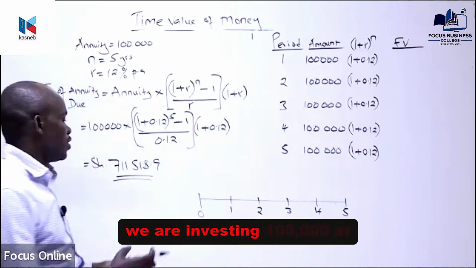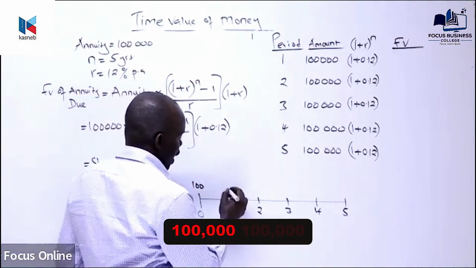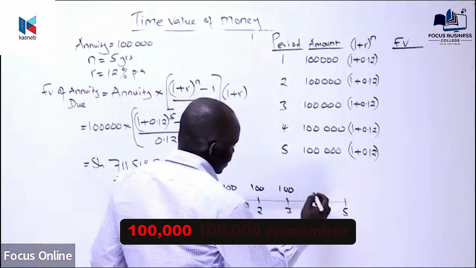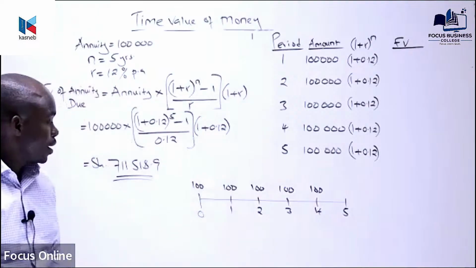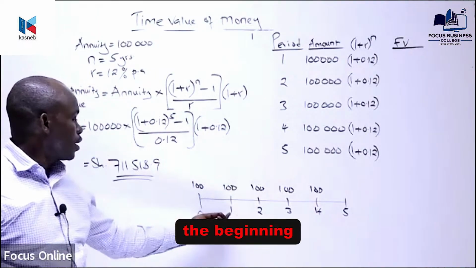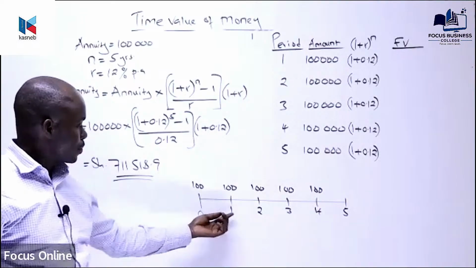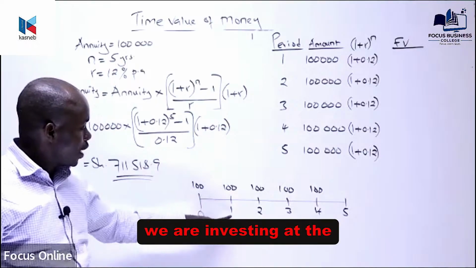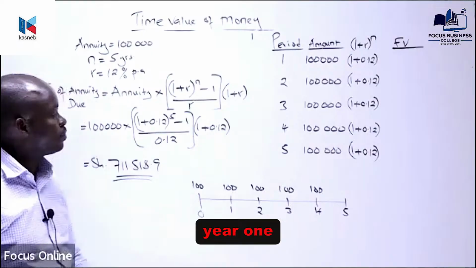So we are saying we are investing 100,000 at the beginning of each year. 100,000, 100,000, 100,000, 100,000. Remember, the end of year 1 is the beginning of year 2. So this 100,000 here we are investing at the beginning of year 2, which is the end of year 1.